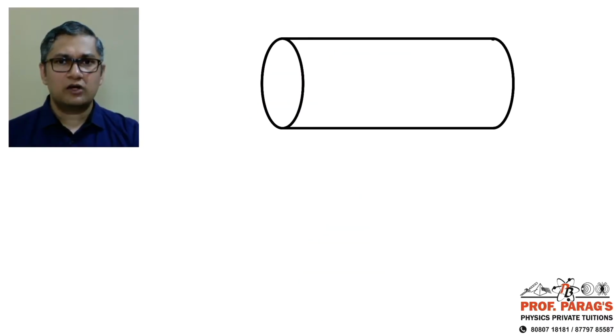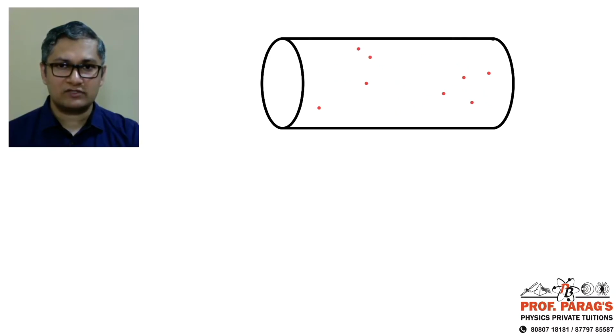So what about our example? We are in the chapter current electricity. Say we have this cylinder here which represents our resistor, and there are some electrons inside. So what is happening to all these electrons? Can I say they are just randomly moving?